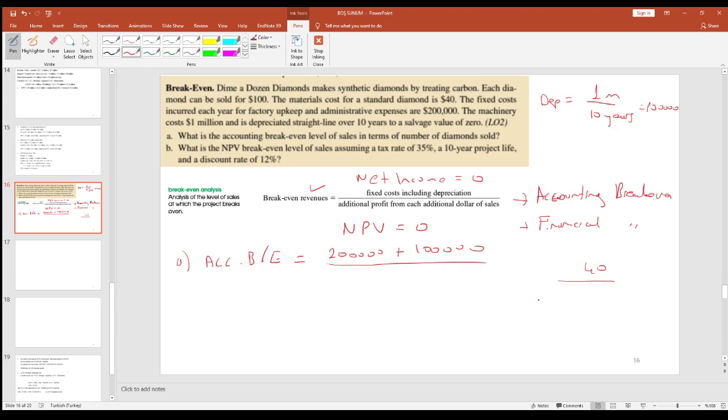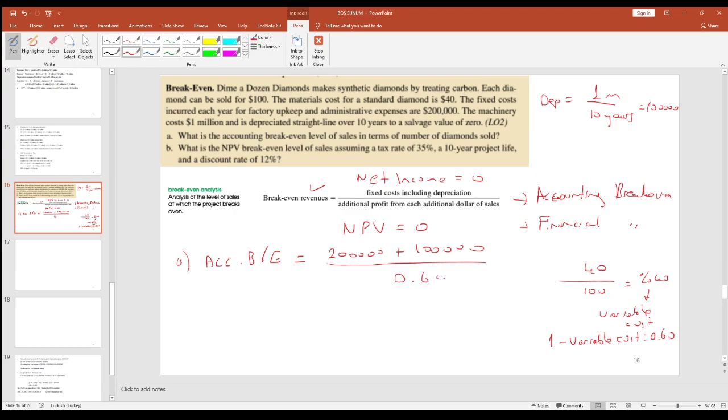If you divide by sales, you will find 40% contribution of variable cost. In other words, additional profit from each additional dollar of sales will be 1 minus variable cost, which is 60%.